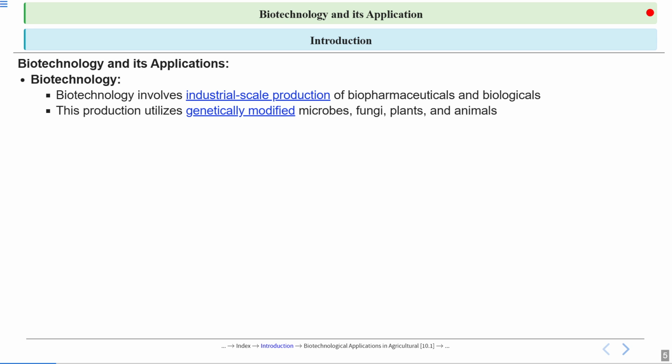And there are many other microbes, fungi, plants, and animals also. For example, we will study Bt cotton in today's class, and see how the use of these things has brought betterment to society and gave us products which are very useful for human needs.